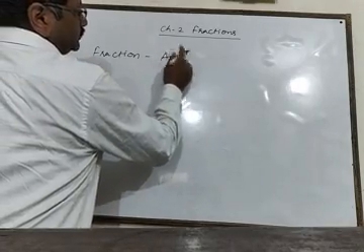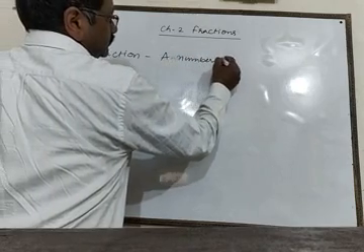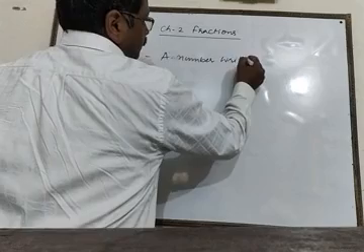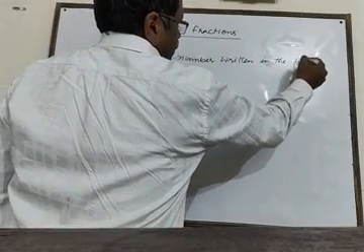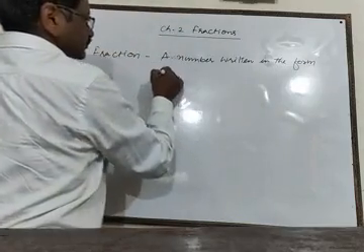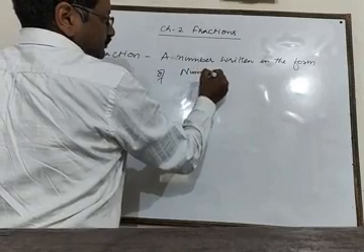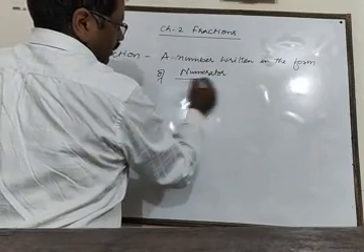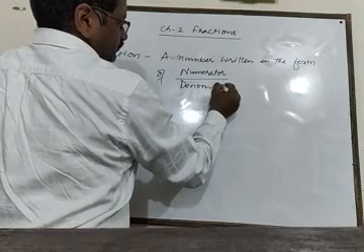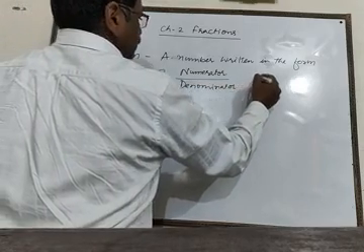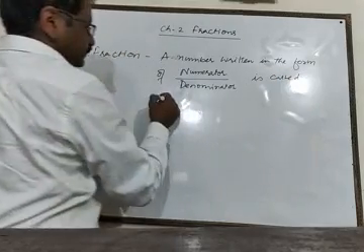A number written in the form of numerator upon denominator is called fraction.